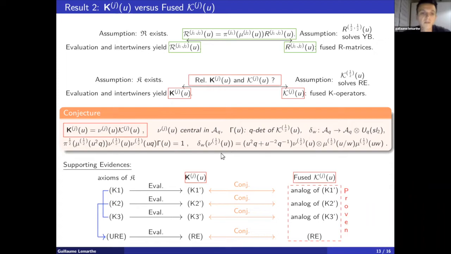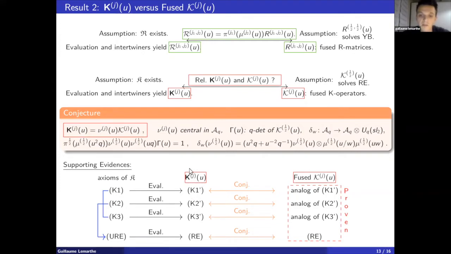Okay, so why is it a conjecture? Because first, we don't know the existence of the universal K matrix, but we know that if it exists, it is defined by these three axioms, then an evaluation of these axioms should give three equations satisfied by this ball Kj. So that is where we stop.